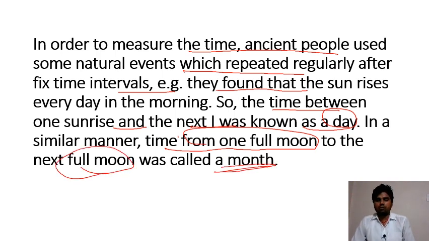So these things you have to remember. What is one day? From sunrise to next sunrise. And 1 month is from one full moon to the next full moon. These techniques were utilized by earlier people to determine the time.